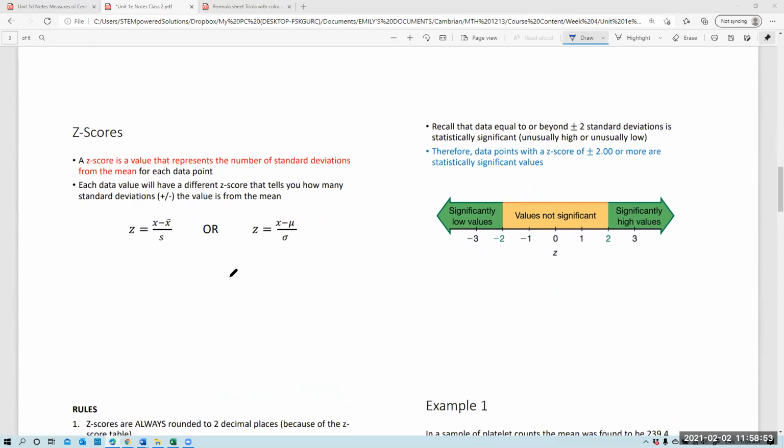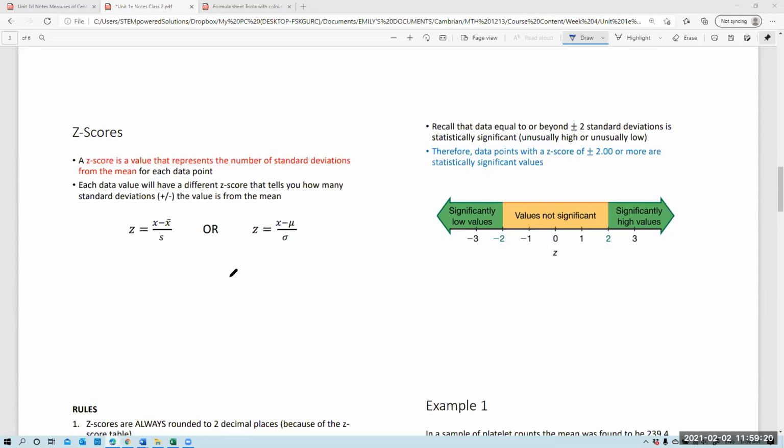The Z-score is equal to X minus X bar over S, or X minus mu over sigma. Recall that data equal to or beyond plus or minus 2 standard deviations is statistically significant, unusually high or unusually low. Therefore, data points with a Z-score of plus or minus 2 or more are statistically significant values.